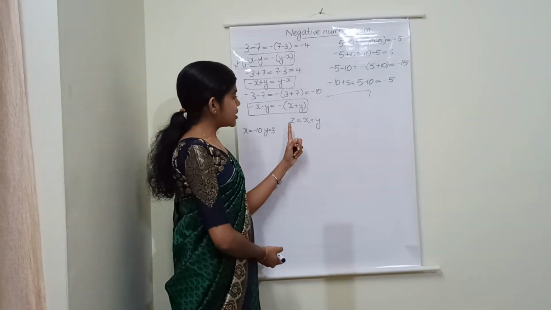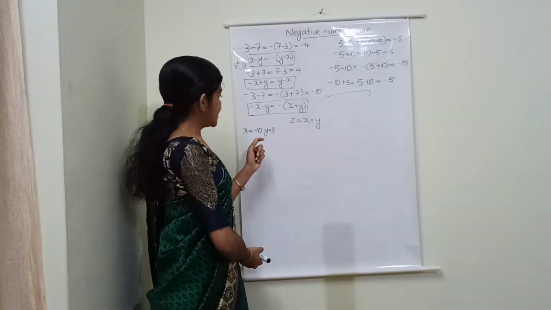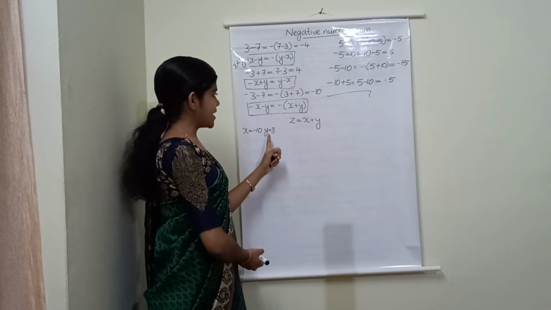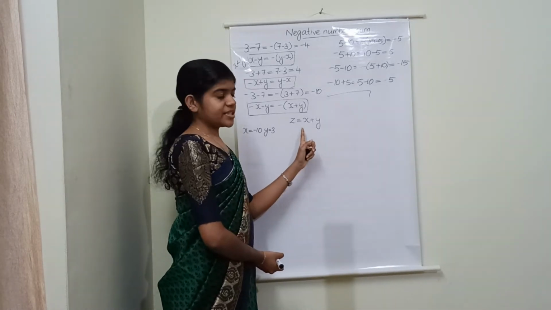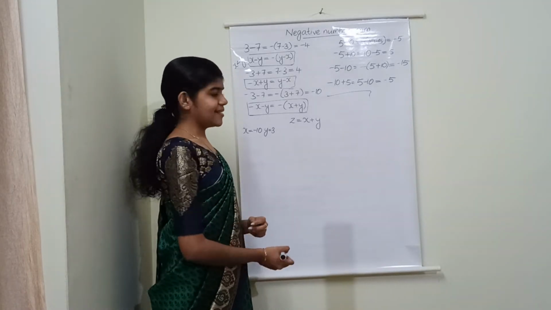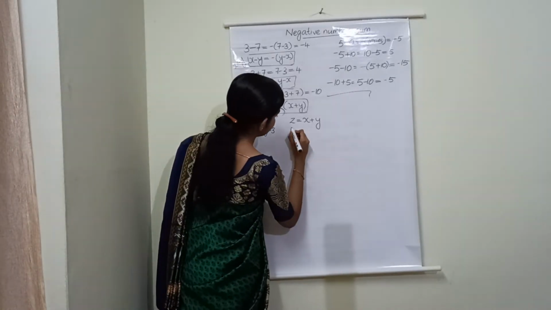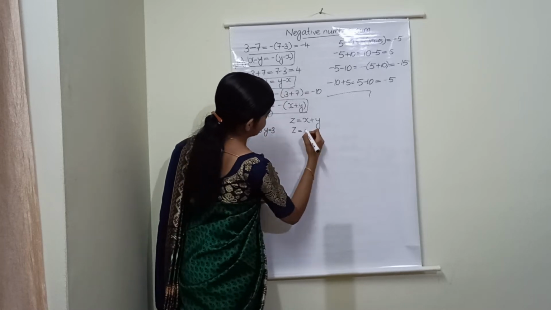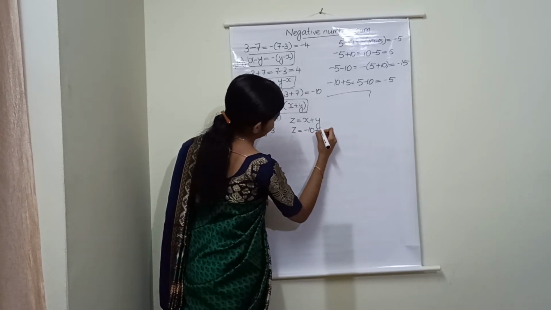Then our equation is z equal to x plus y. Substituting the value of x and y in this equation, x equal to minus 10, y equal to 3, what do we get? Z equal to minus 10 plus 3.